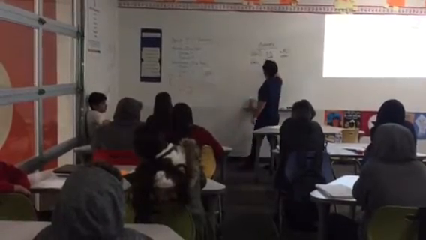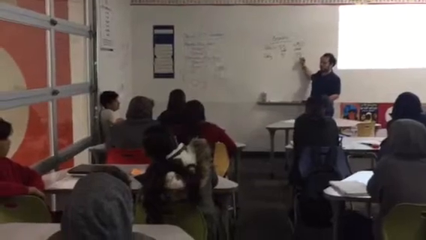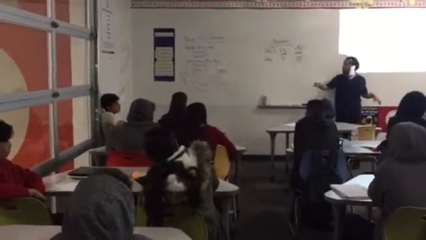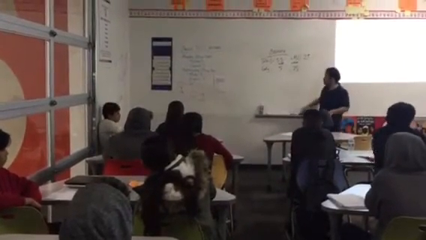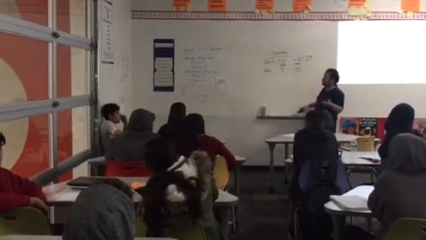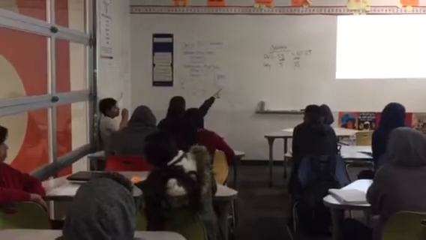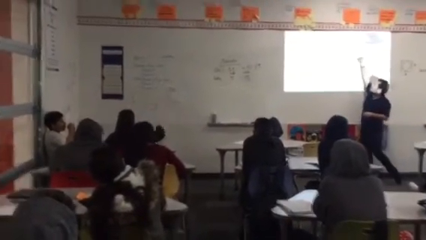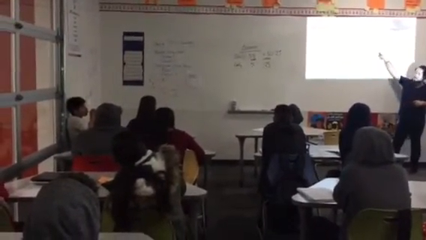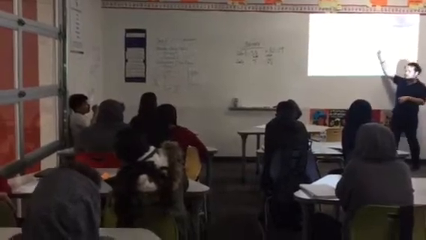Okay, so it seems like your side estimate is 5 and your area estimate is 25. No, it's 30.25. And Leslie, why did you choose 5 rather than 5.5? Because the point ends exactly on 5 on both lines. Okay, you're noticing that this point is lined up on the coordinate that says 5.